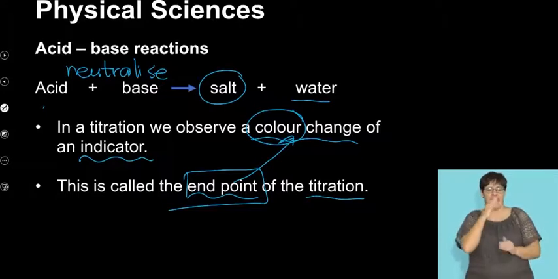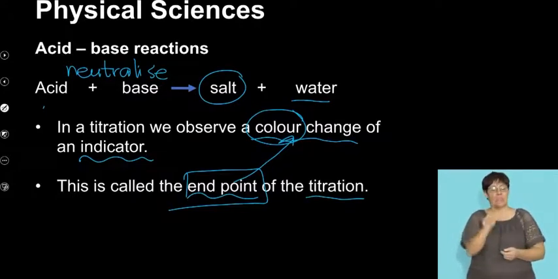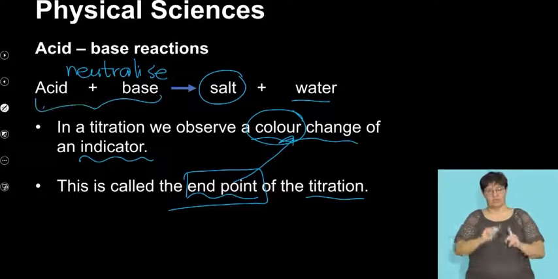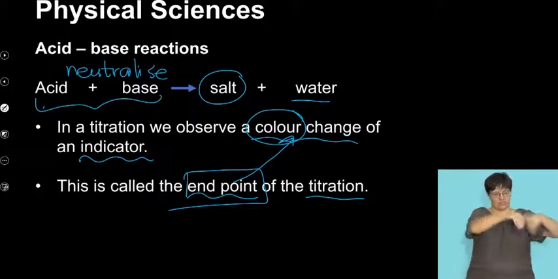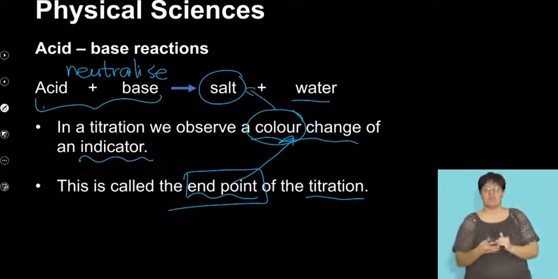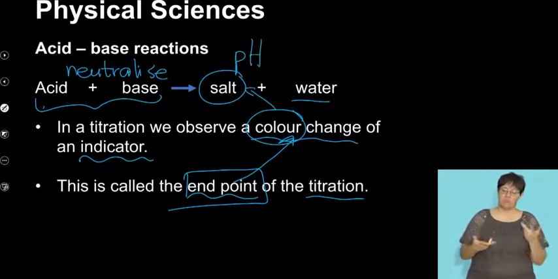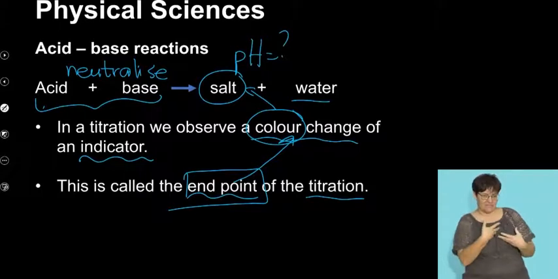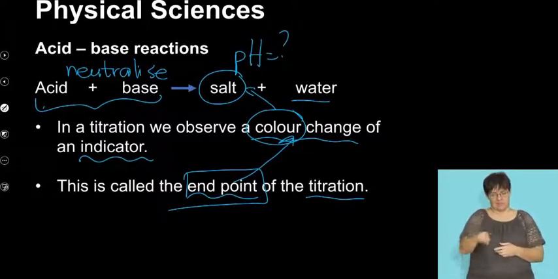Endpoint doesn't mean it's now the end of everything. It means it's the neutralization point of the acid and the base. And that color change will then give us more or less a rough idea of the pH of the salt that is formed.